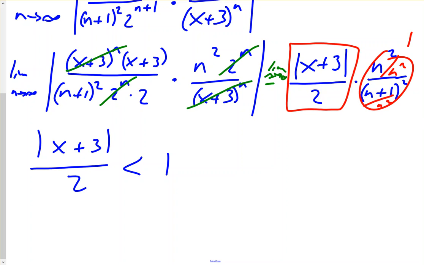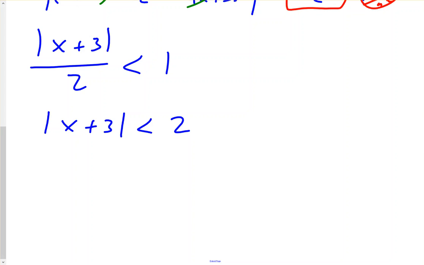Now we multiply both sides by 2. When it's in this form, this number is your radius, so that 2 there is your radius of convergence. Keep that in mind.